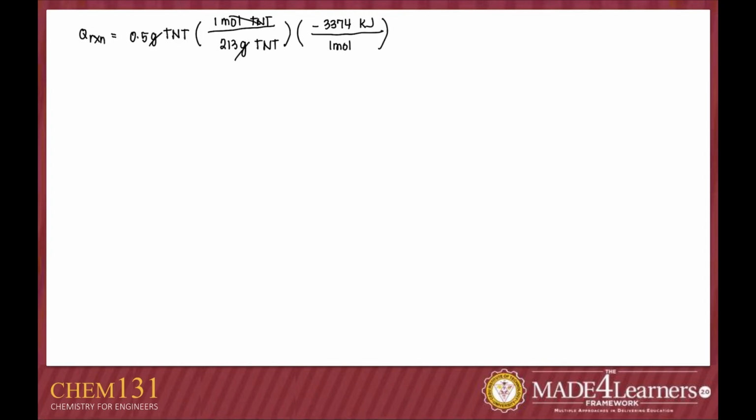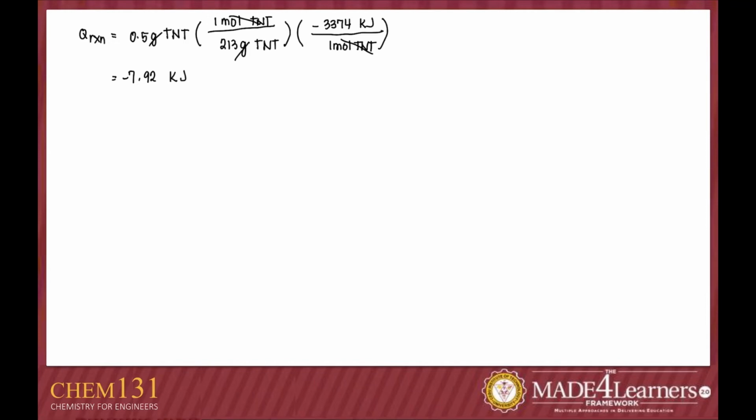So na-cancel. This is for TNT. Cancel. So the heat of the reaction therefore is, it's 0.5 times 3374 divided by 213. The answer is approximately 7.92 kilojoules. That's the amount of heat released for every 0.5 grams of TNT burned.